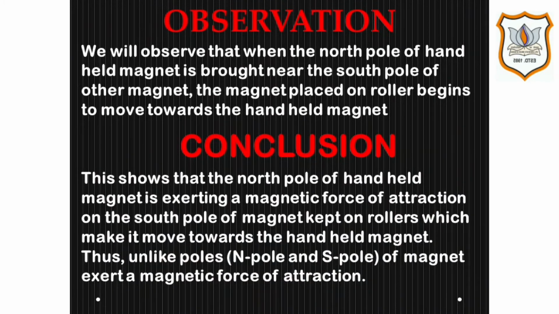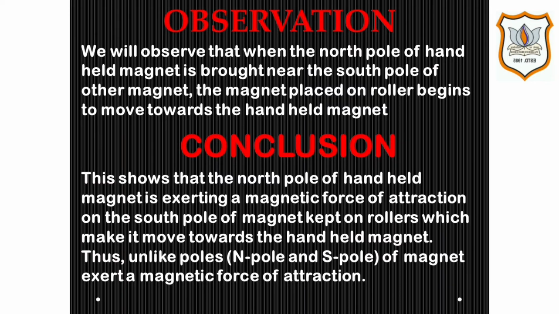So students, we will observe that when the north pole of a hand-held magnet is brought near the south pole of the other magnet, the magnet placed on the roller begins to move towards the hand-held magnet. And what is the conclusion for that?